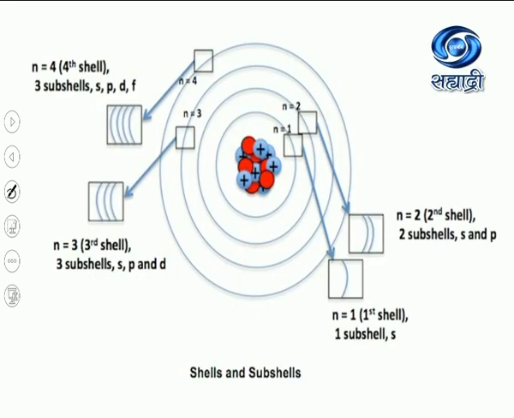Now, an important thing is that every shell is divided into subshells, as you can see in this picture. Shell 1 has only one subshell, that is S. Shell 2 has two subshells, S and P. Shell 3 has three subshells, S, P and D. And shell 4 has four subshells, S, P, D and F. Accordingly, electrons are filled in shells and subshells.